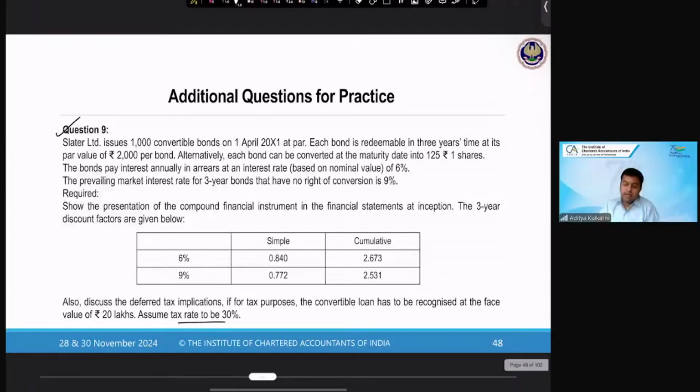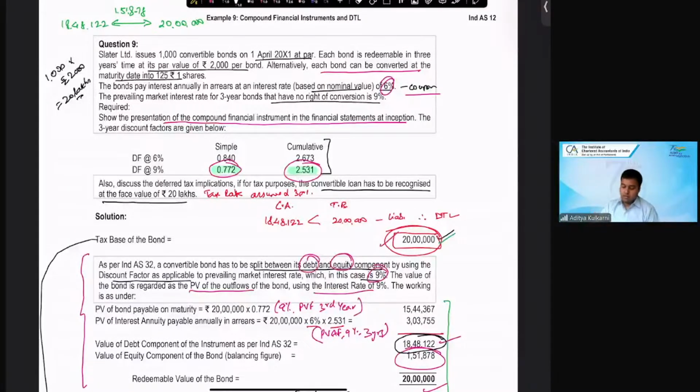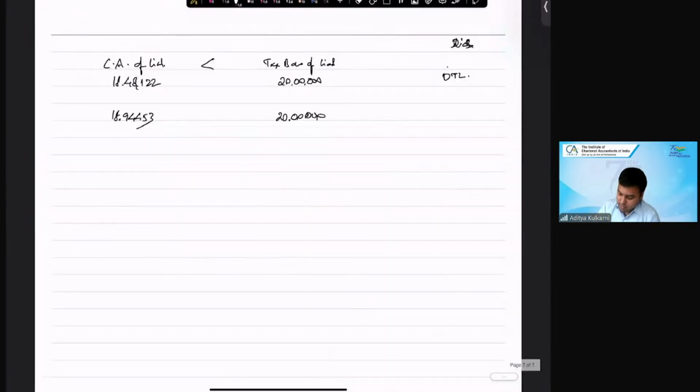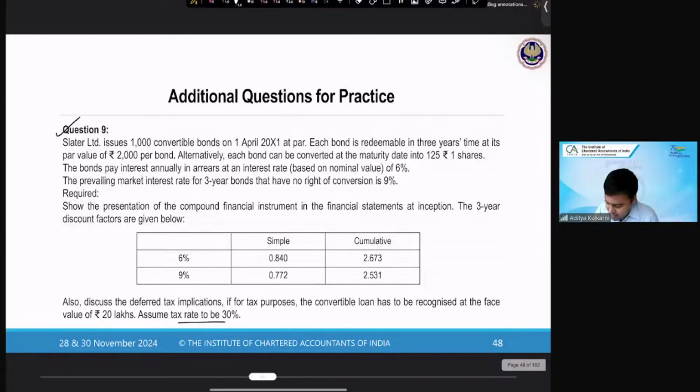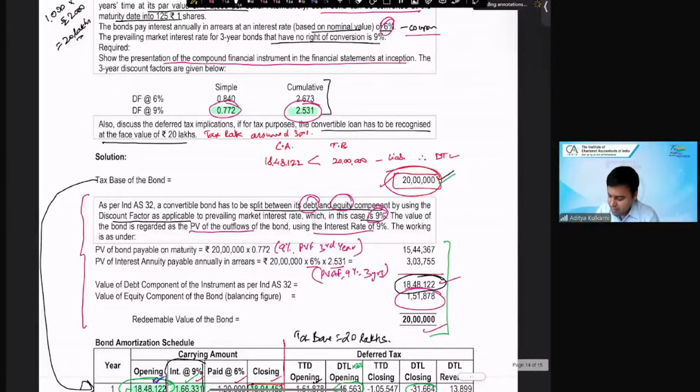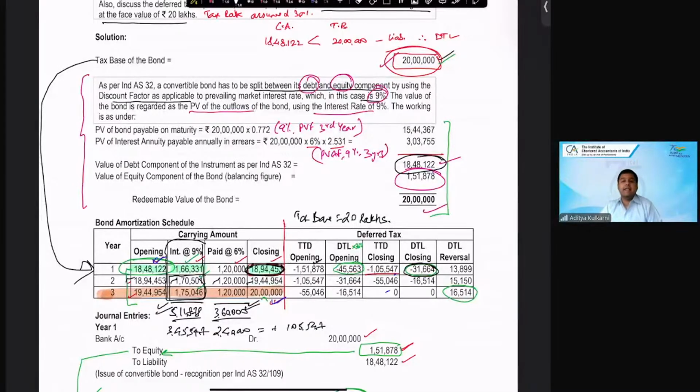Again a DTL will come, but that DTL is reducing. Closing DTL is 31,664. That means there is a reduction from 45 to 31, that is 13,900. Yes, to the extent already recognized, we want to reverse it. Yes, you will reverse it.